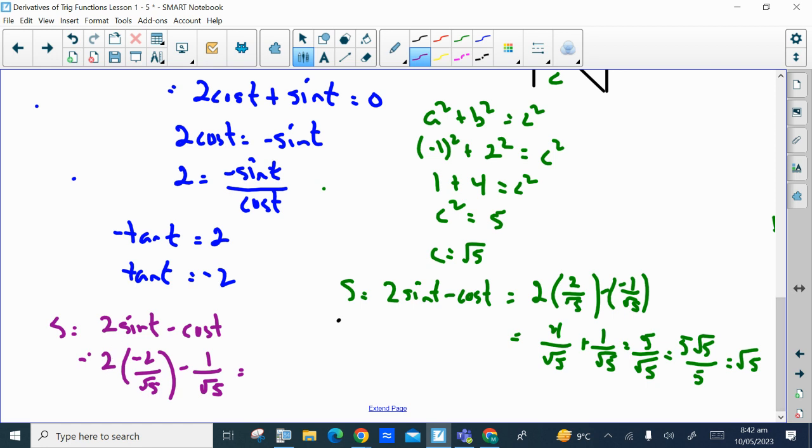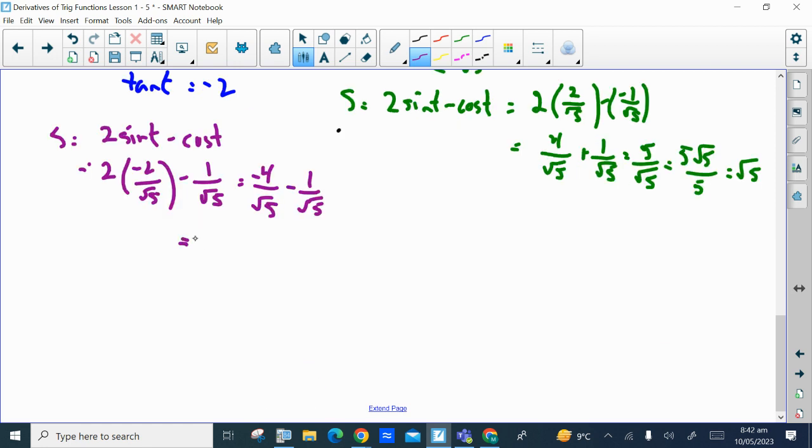So that'll be negative 4 over root 5 minus 1 over root 5, negative 5 over root 5, which again, if we rationalize by multiplying top and bottom by root 5, we're going to end up with negative root 5. When we compare these two values, obviously this one will be our minimum displacement, and the root 5 will be our maximum displacement.